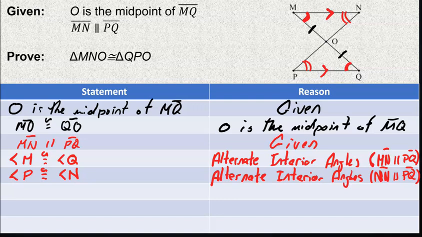Alright, let's finish this up and take an inventory of what I got going on. So in this proof, I have an angle here, and then a side outside. Then on this side, I have an angle and a side outside. I'm now going to take an inventory of my table. So I have the side listed here, the angle, and the angle.